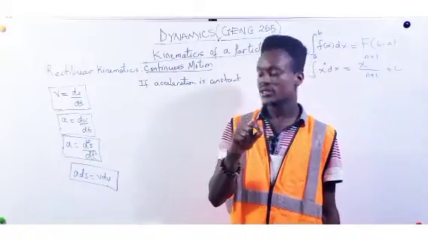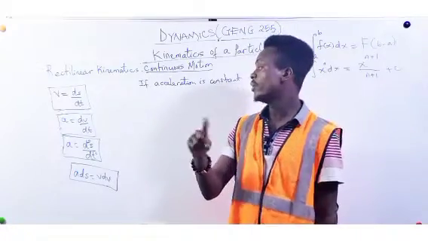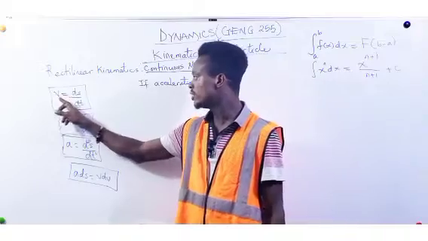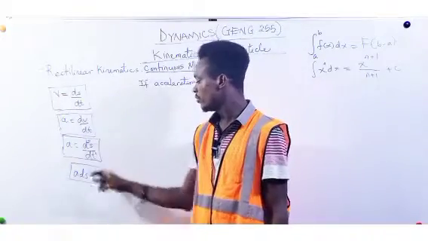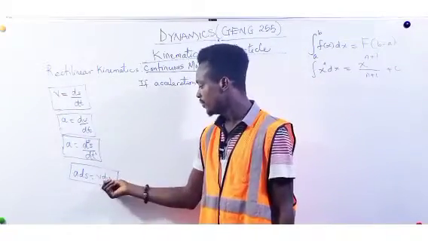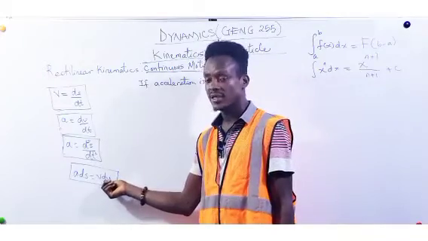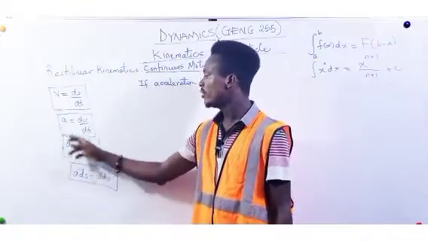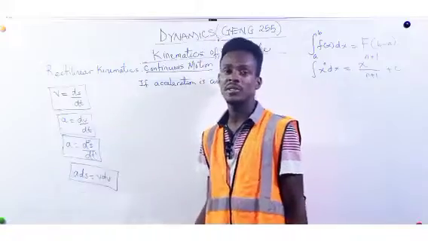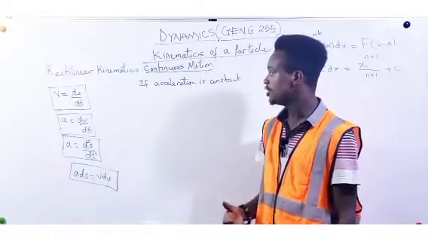If you want to find velocity, you either integrate or differentiate. For this case, you will integrate. But most of the time, if you want to find acceleration, you always differentiate.